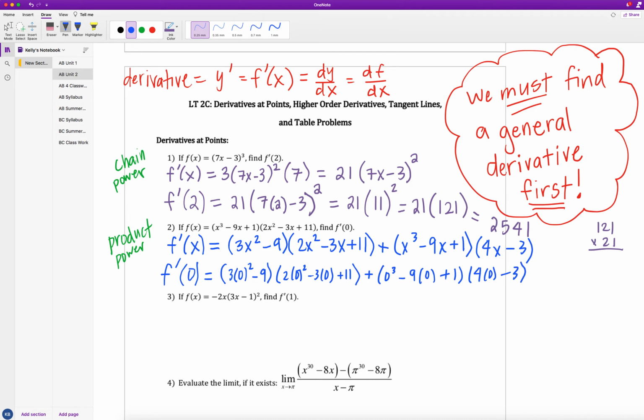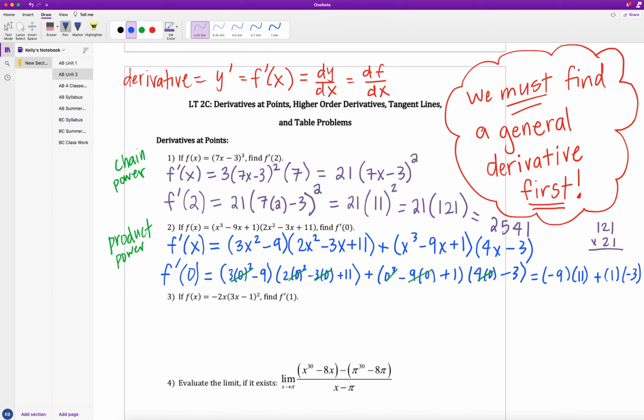That is really cumbersome with all those zeros in there. A lot of things are zeroing out, so this 0 squared times 3 is going to go away, and we'll just get negative 9 for the first term. Likewise, we'll just get an 11, and then we'll just get a 1, and then just a negative 3. So if I rewrite those out, I really have negative 9 times 11 plus a 1 times a negative 3.